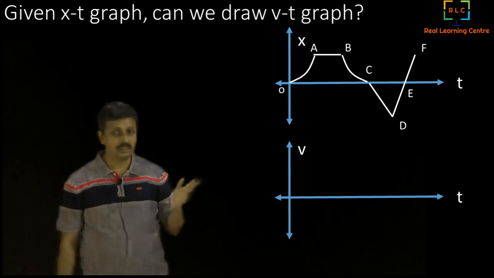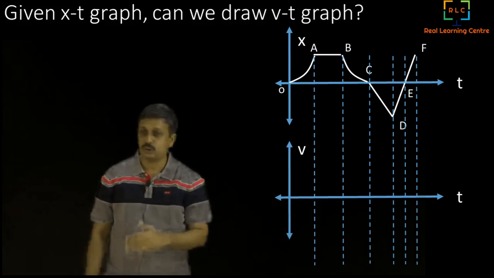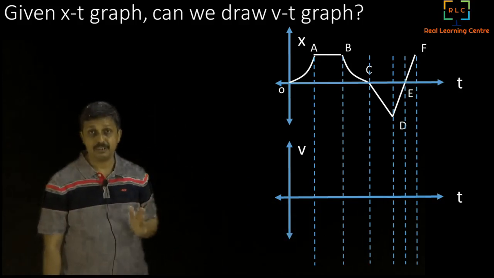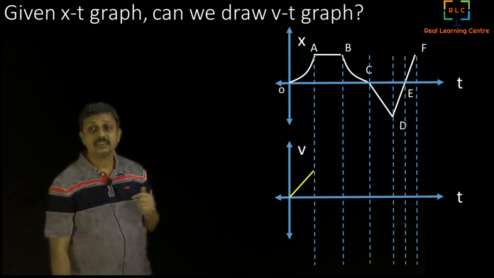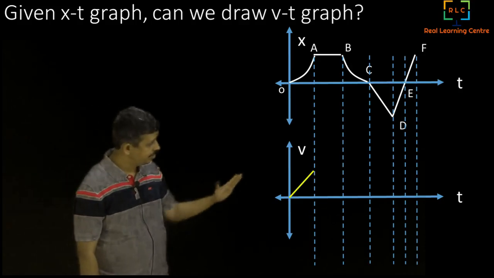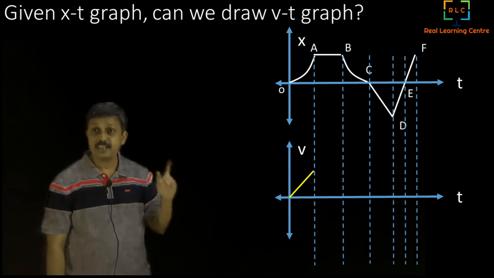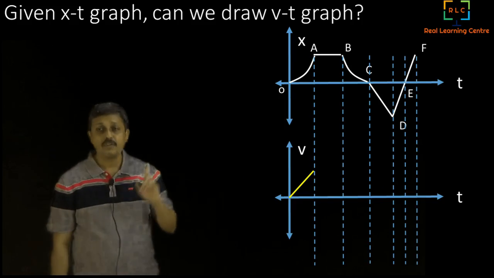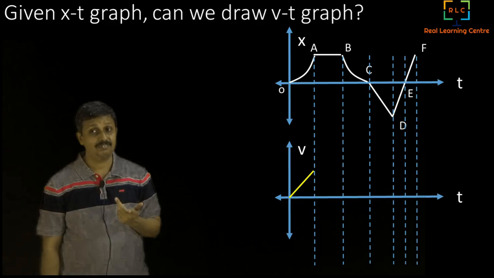First we will name all these points and draw lines down like this, just to show the time where things happen. For the first one, from the initial point to point A, it is going like this, which means the slope is increasing and positive. Now from A to B, the slope is 0, isn't it?